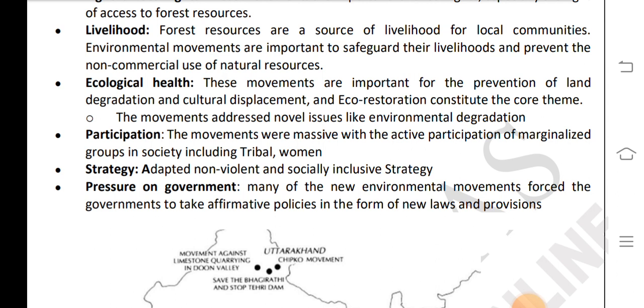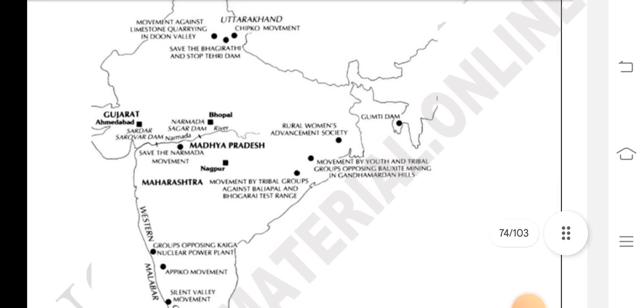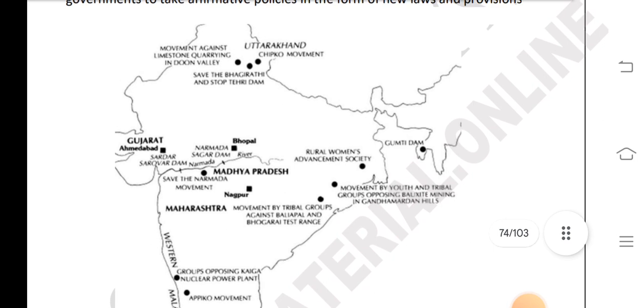The movements address novel issues like environmental degradation. Participation: the movements were massive, with the active participation of marginalized groups in society, including tribals and women. Strategy: they adopted non-violent and socially inclusive strategies. Pressure on the government: many of the new environmental movements forced the government to take affirmative policies in the form of new laws and provisions.